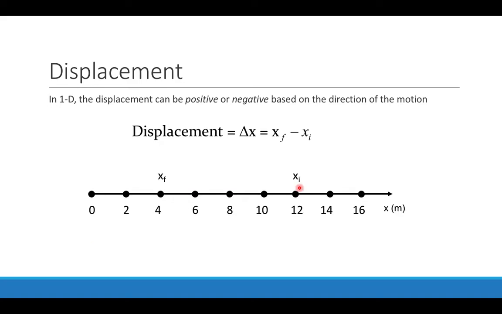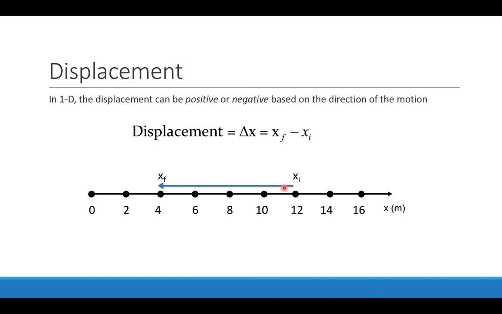And it turns out to be a positive number because my displacement is along the positive x-axis. This picture looks almost identical to the previous picture, except you'll notice that my initial position is at 12 meters and my final position is at 4 meters. So my displacement is just a vector quantity, or the line that points from the initial position to my final position. So this is pointing in the opposite direction, right?